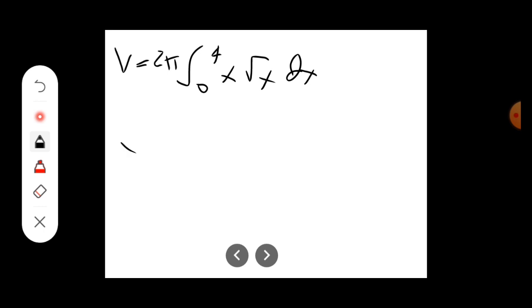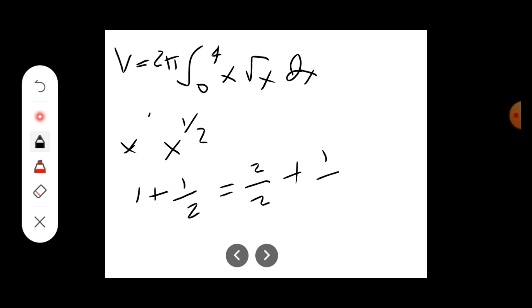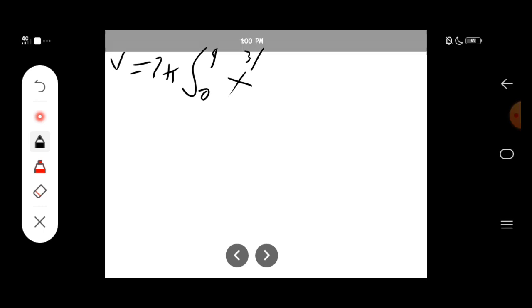So x raised to 1 and x raised to 1/2: 1 plus 1/2 is equal to 2 halves plus 1/2, which is equal to 3 halves. Therefore, we can rewrite the expression like this: V is equal to 2 pi integral from 0 to 4 of x raised to 3 halves dx.